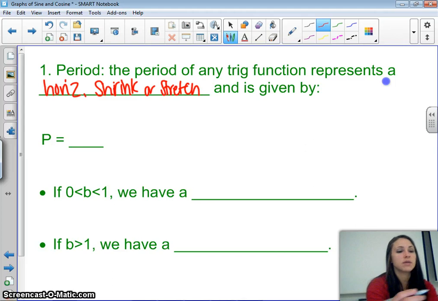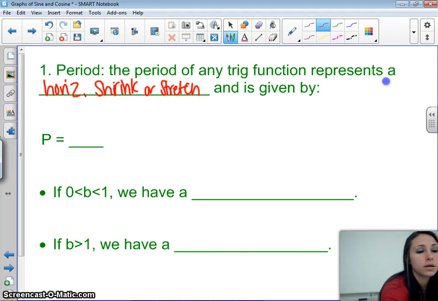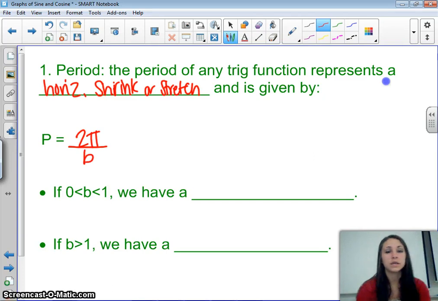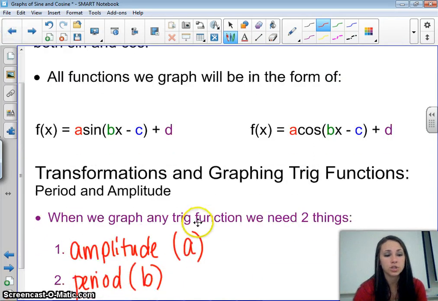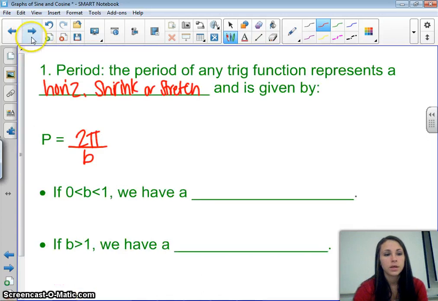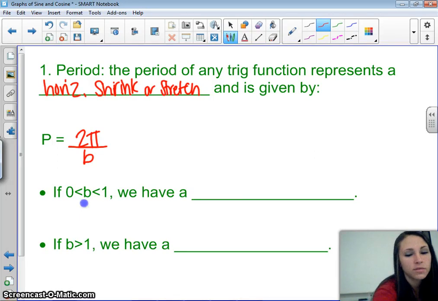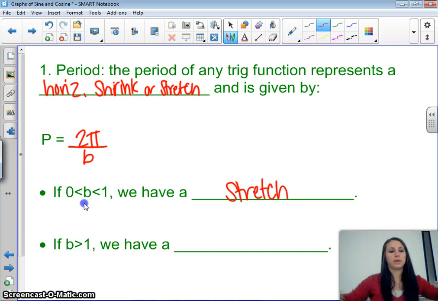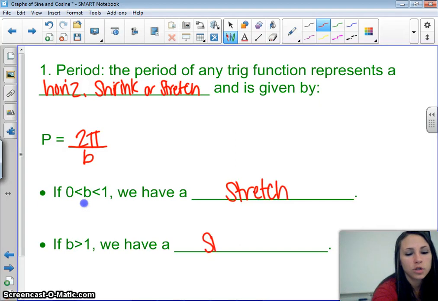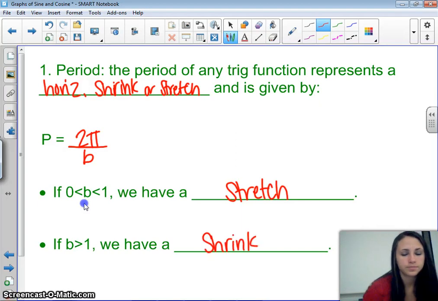The period is given by this formula for sine or cosine: 2 pi over whatever b is. And remember, b is just the number in front of x. So we're going to put 2 pi over b and divide those. Now, if b is a fraction or something less than 1, then you have a stretch, so it'll stretch out this way. If b is greater than 1, then you have a shrink.